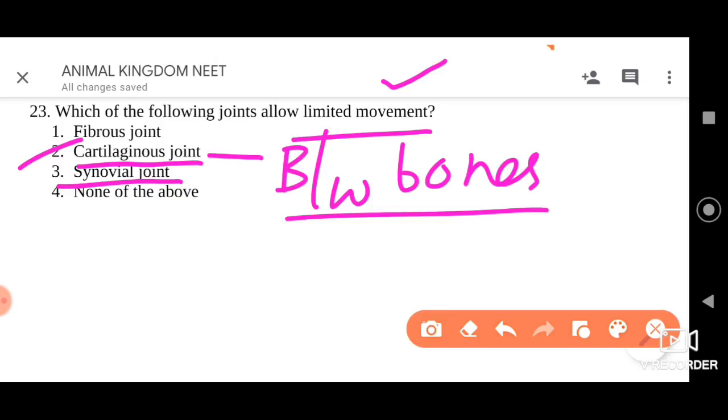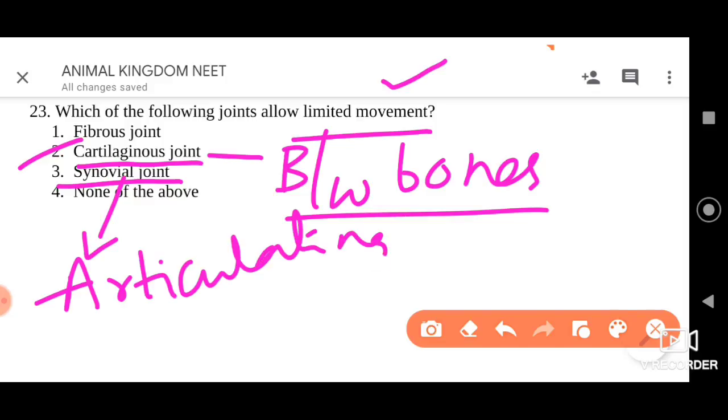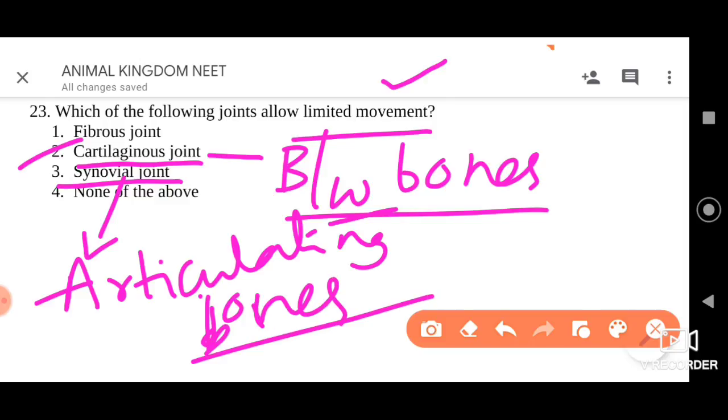But let us also understand, next we have synovial joint. See, dear students, wherever there is articulation, wherever there is more movement, especially when we talk about the limbs, in the contact of the articulating bones, where the two bones join, we can find the synovial joint, my dear friends.